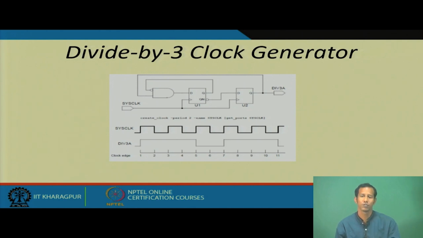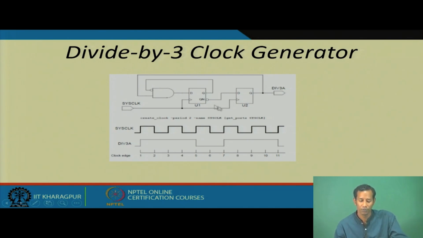Now, in some cases we may find that we require a divide by 3 clock. So, how can we generate a divide by 3 clock, which is not a power of 2? Suppose we have the system clock.